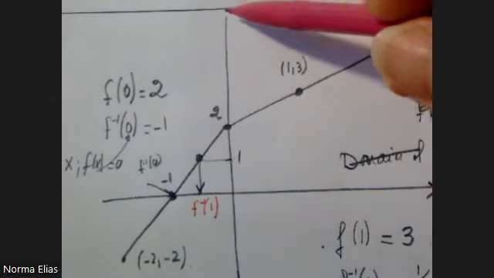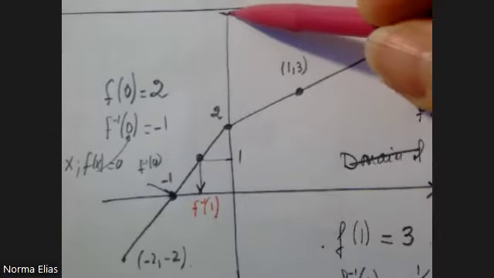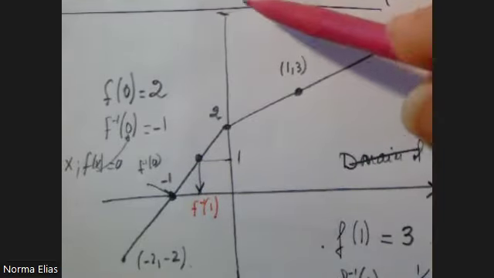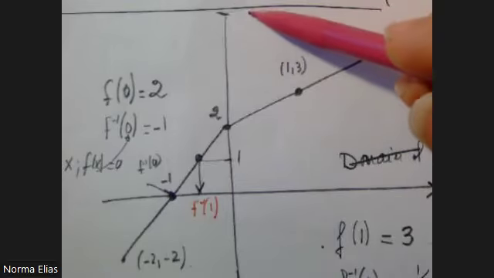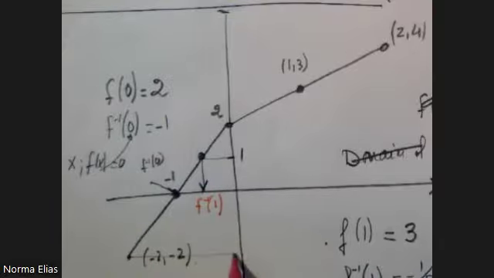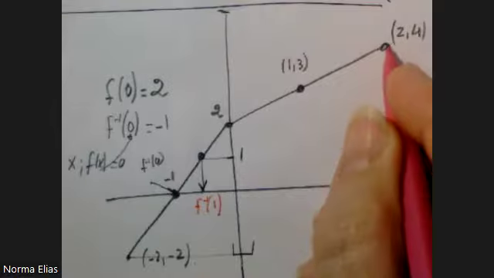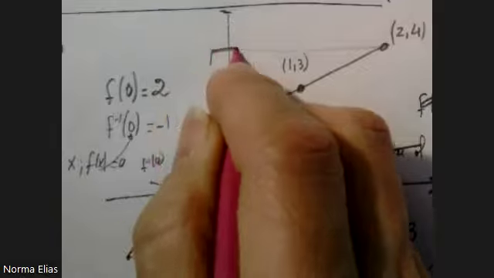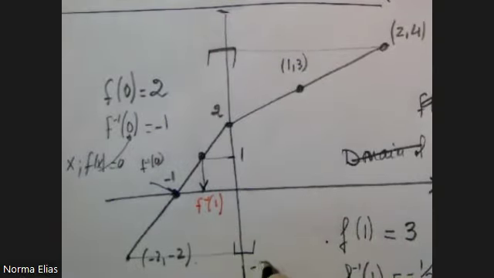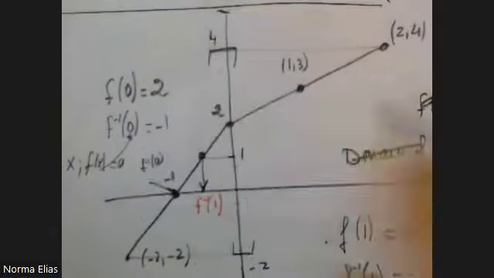F inverse of 5 means 5 is an output value. So I'm asking you for the input that gives me an output of 5, and there is no input that gives me an output of 5. So the domain of f inverse is basically the range of f, from here to here, as Vivian said. So this is minus 2 and this is 4.